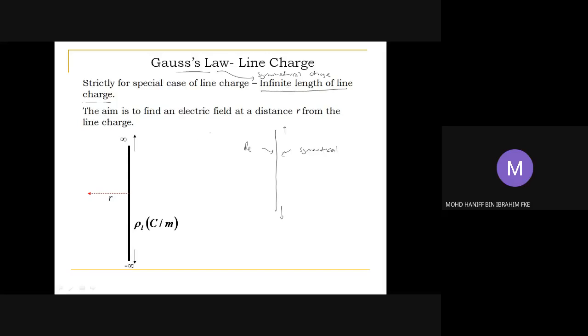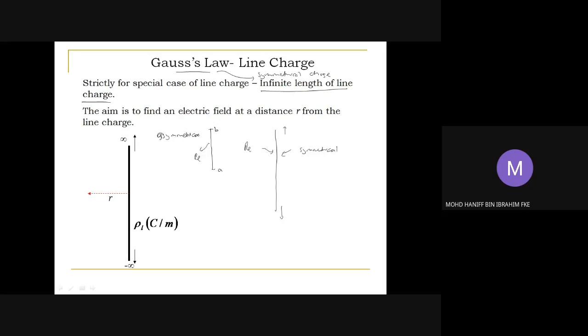In comparison with the finite length, for instance, we have this particular finite length, rho L, in which the length is only from A to B. Yes, a finite length. So we cannot say that this particular line charge is symmetric. All right. So this is called asymmetrical charge distribution.